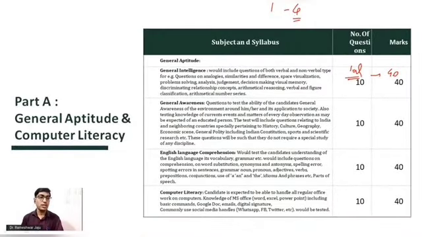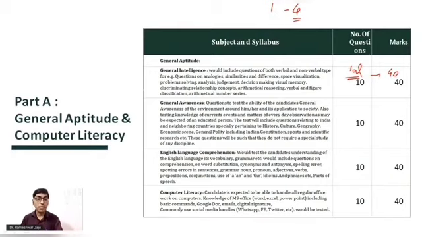In the first one, general intelligence is the concern. Here you could talk about the different types of verbal and non-verbal reasoning, followed by general awareness. When we say general awareness, all things come into effect. Not only cultural advances or international issues, but also historical, cultural, geographical, and all types of scientific developments.